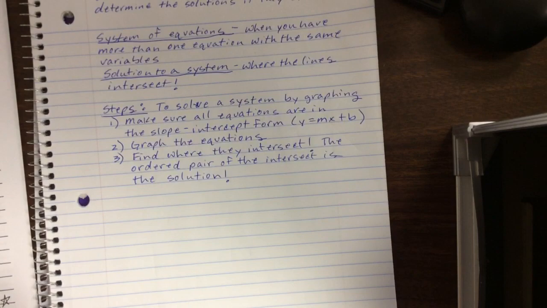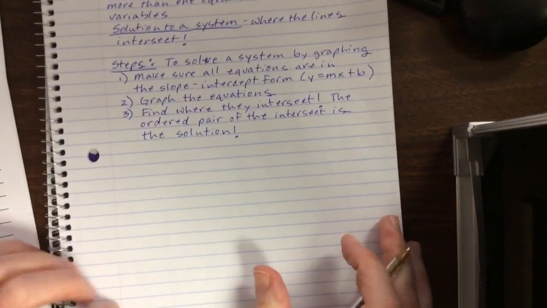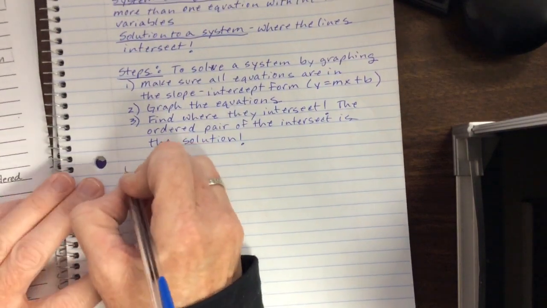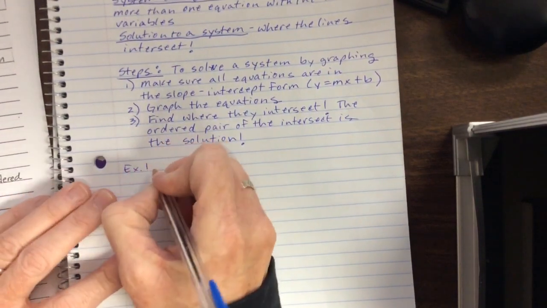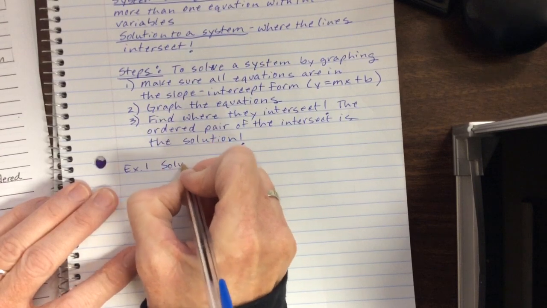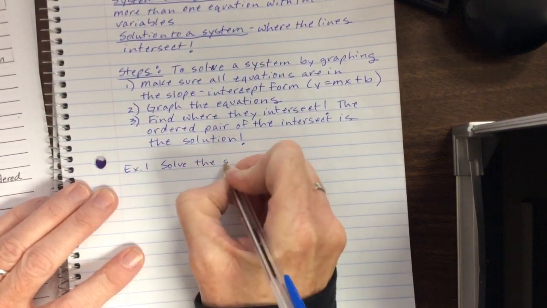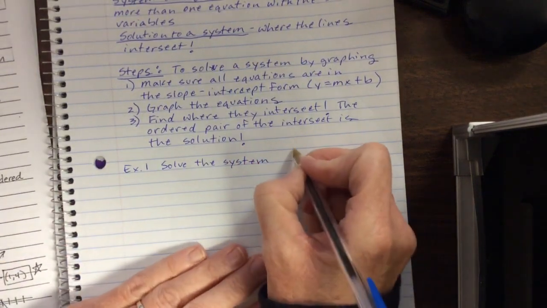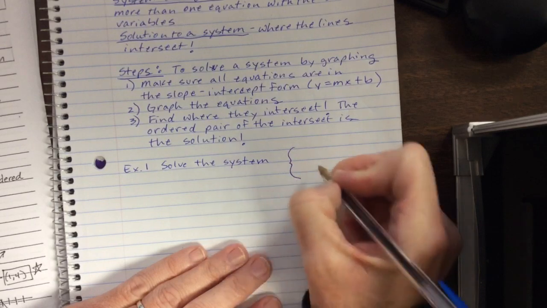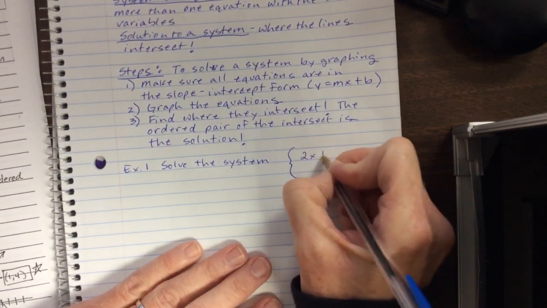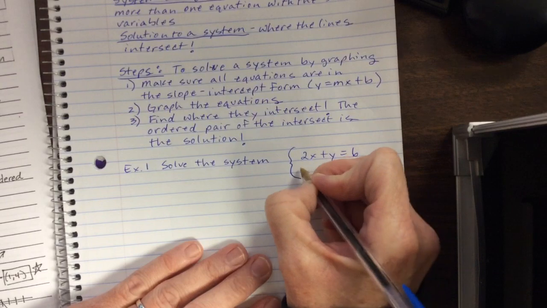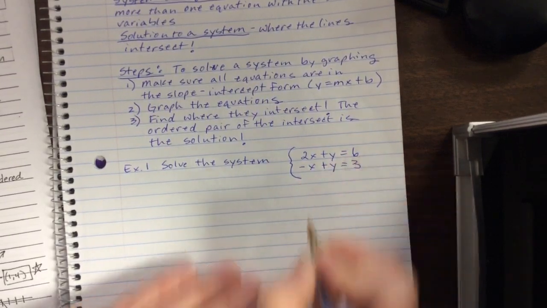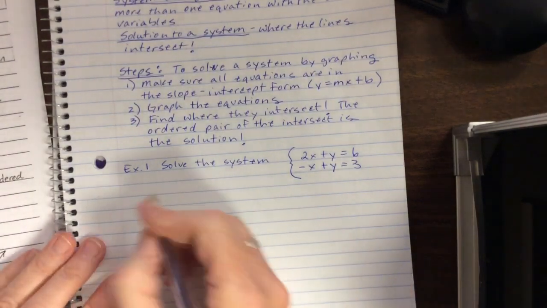Okay. So here's the first example. Example 1, solve the system. It's usually written kind of like this: 2x plus y equals 6, then negative x plus y equals 3. And now we can solve these.